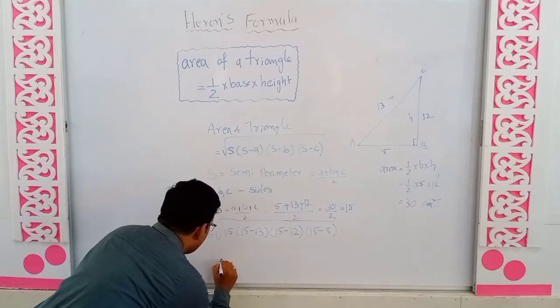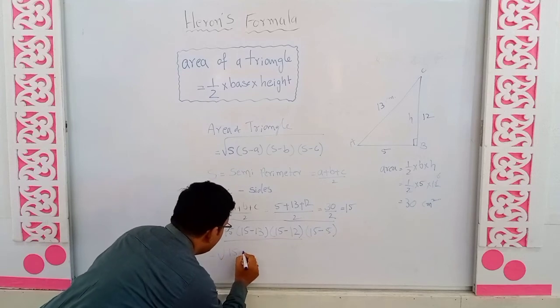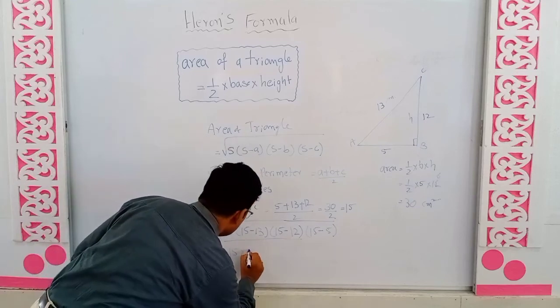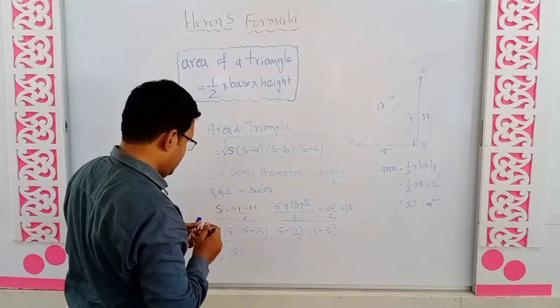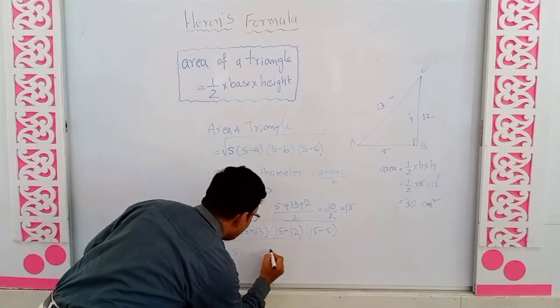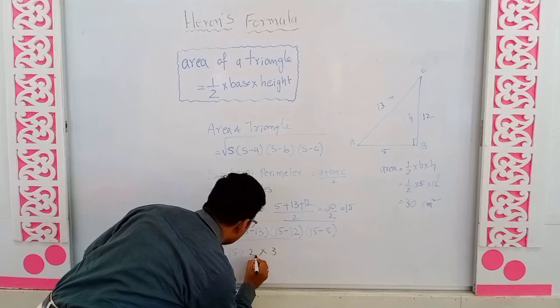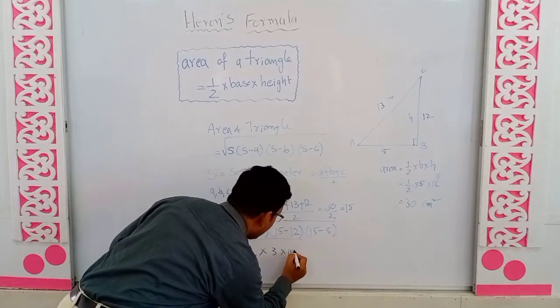Let us see. Again the square root I am going to extend. 15 into 15 minus 13, how much? 2. Into 15 minus 12, 3. Into 15 minus 5, 10.